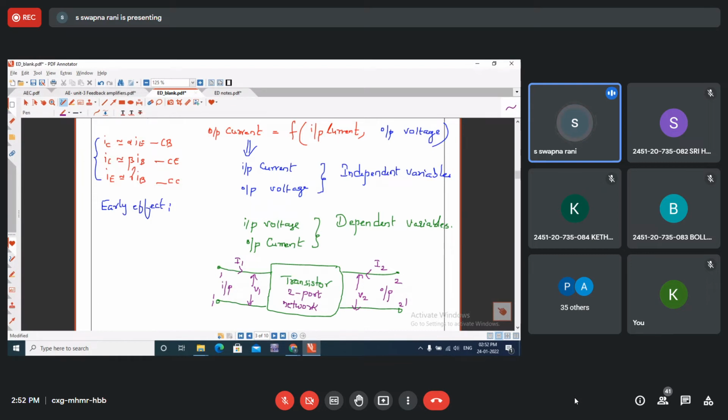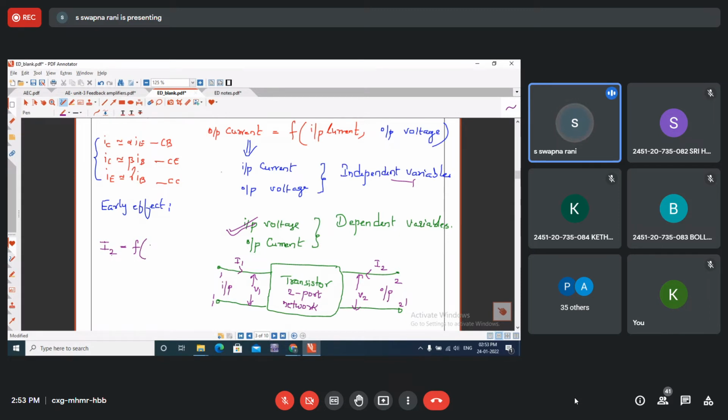Just now we have arrived at the conclusion that in a BJT the output current is controlled by the input current.